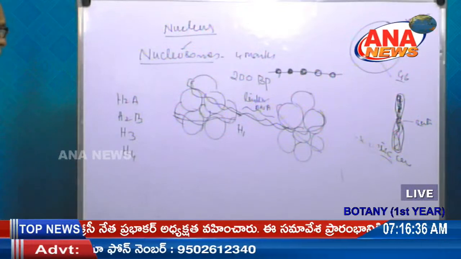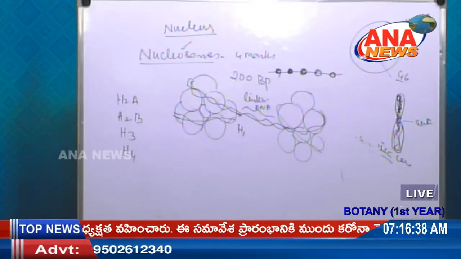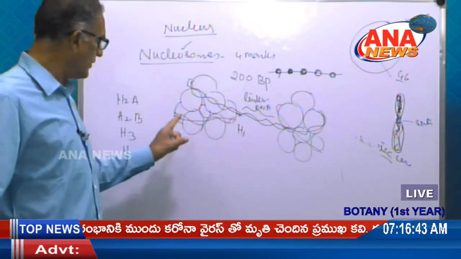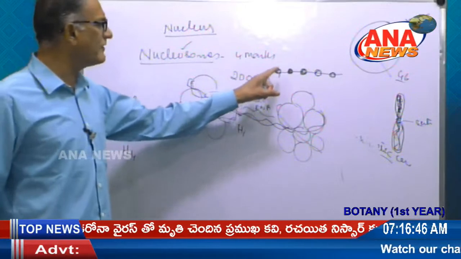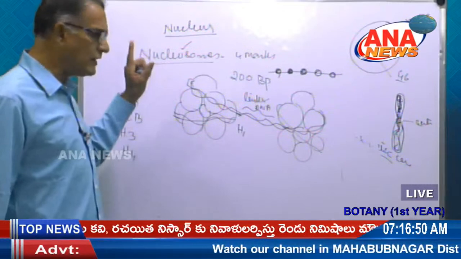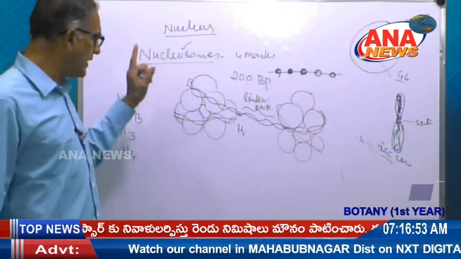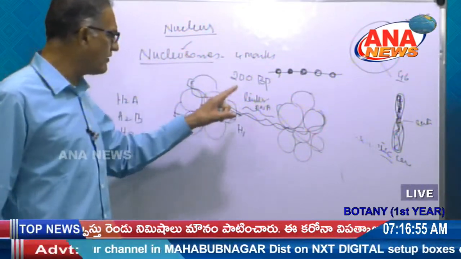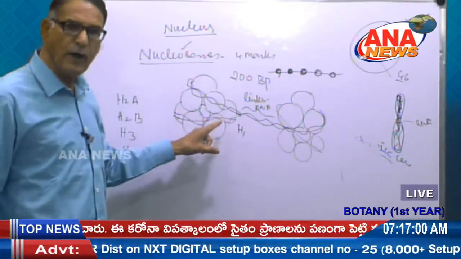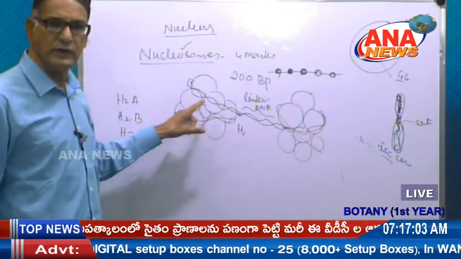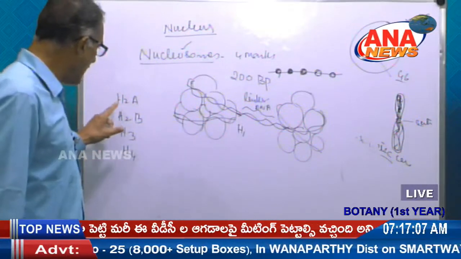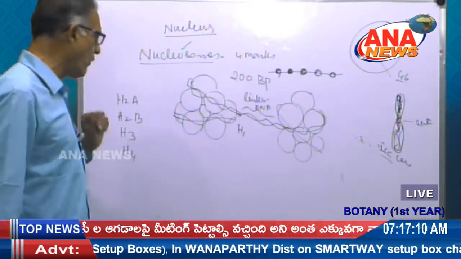That is the nucleosome. What is nucleosome? When viewed under an electron microscope, the chromatin appears as beads on the string, which is known as nucleosome. The nucleosome contains 200 base pair double helix DNA wrapped around the octamer of histone, 2 copies each of the 4 histones, H2A, H2B, H3, H4.